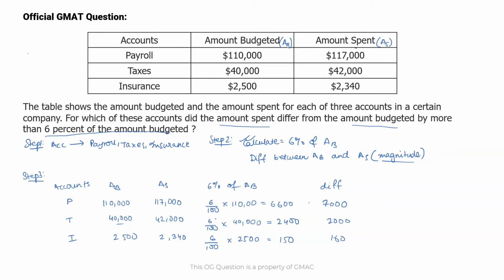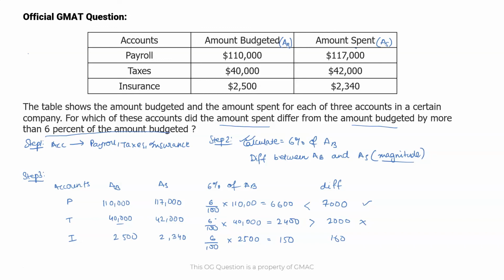Now as we can see that for payroll the difference is greater than 6% of the amount budgeted. Hence for payroll the difference is greater than 6%. Moving on to taxes, we can see the 6% of amount budgeted is greater than the difference. So for taxes, the amount spent differs from the amount budgeted by not more than 6%.